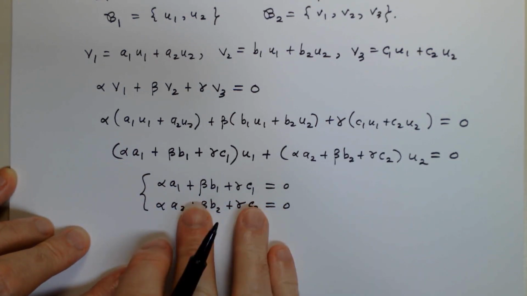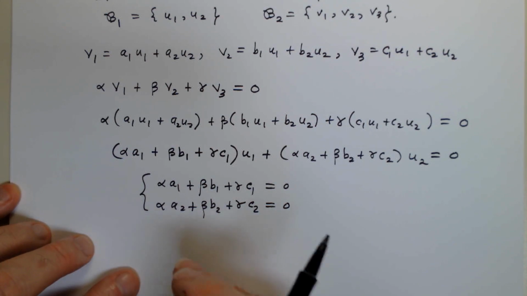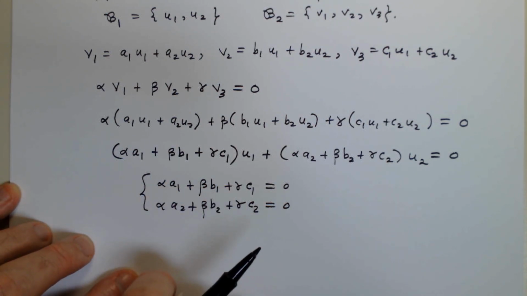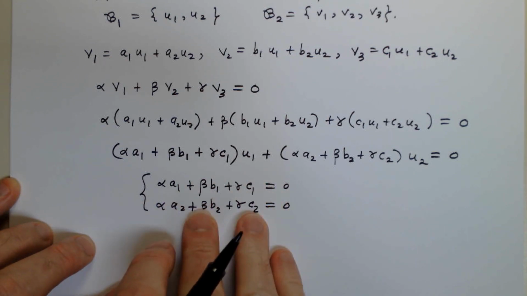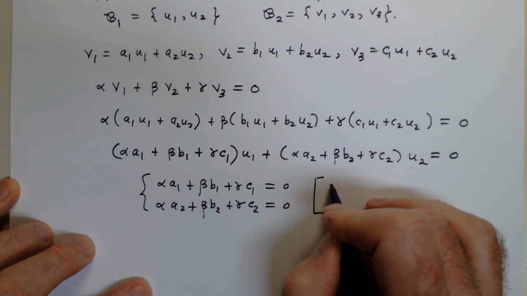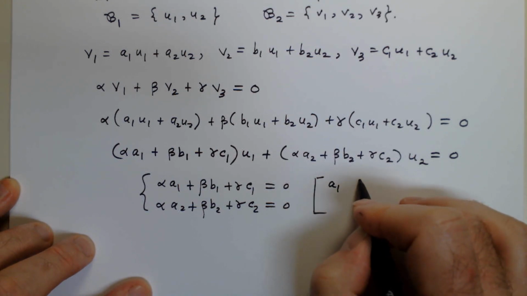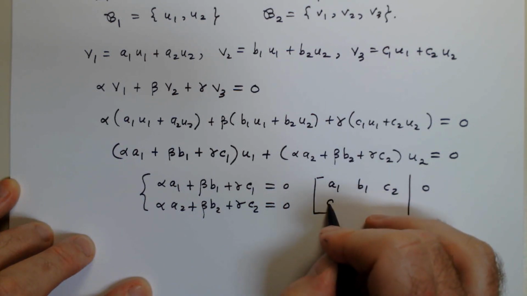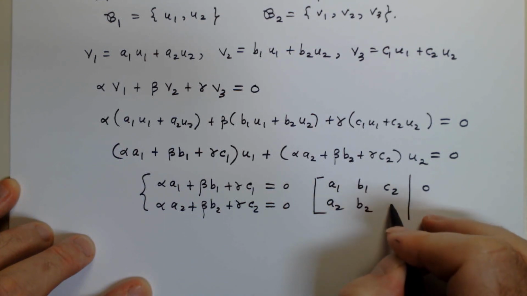Now what we can do is look at this as a homogeneous equation in the unknowns alpha, beta, and gamma. All right, and so we can put this into an augmented matrix and treat it in this fashion. We can think of the coefficient matrix as a1, b1, and c1, and a2, b2, and c2.